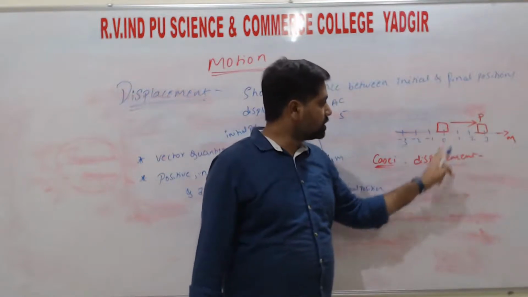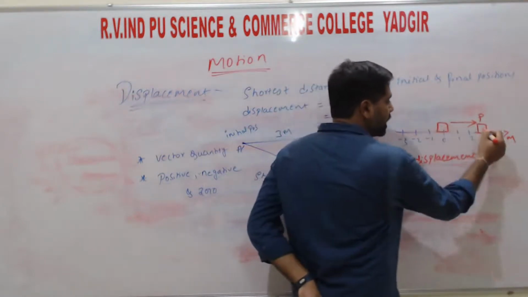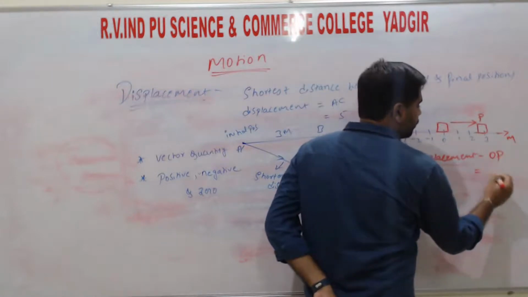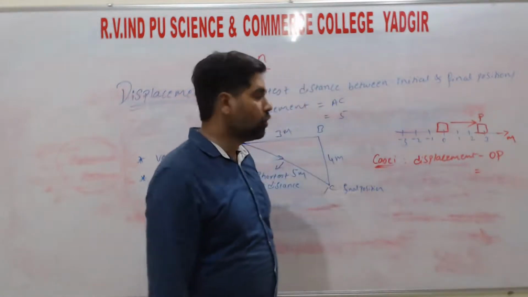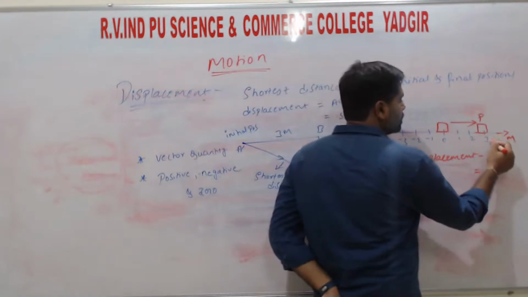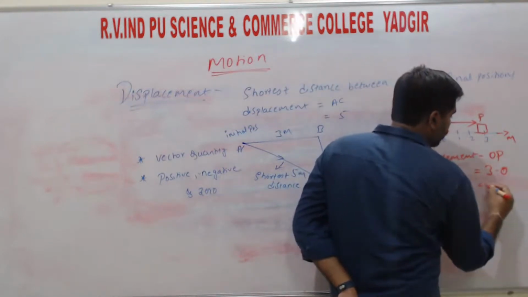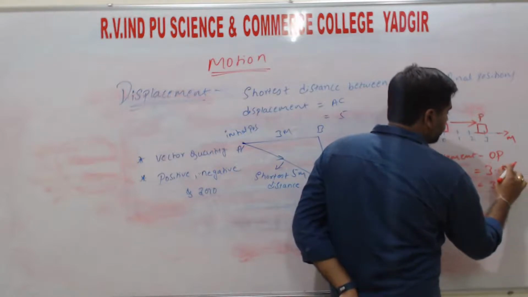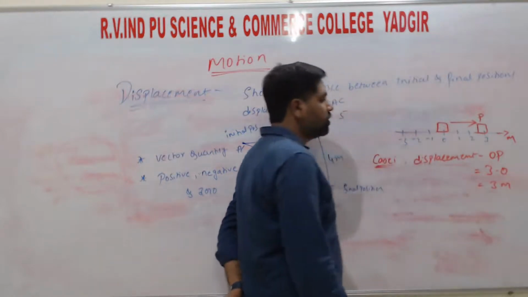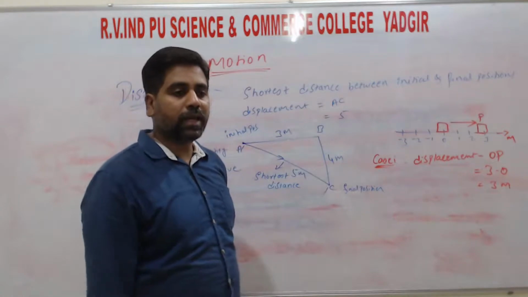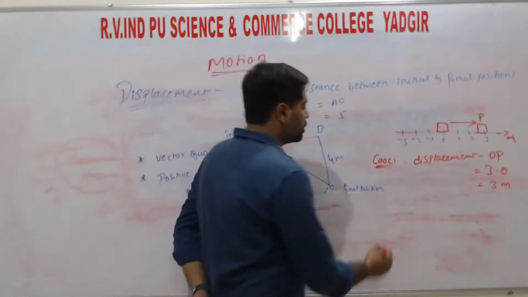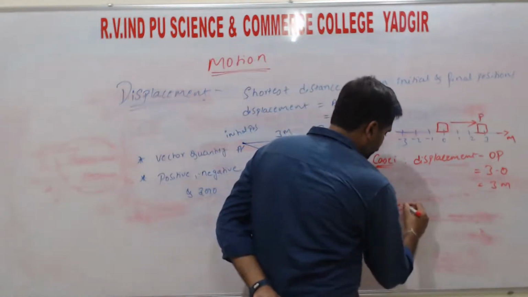So here the shortest distance we can draw is the straight line, that is OP, right? So final is how much? 3. Initial is how much? 0, that is 3 minus 0, we get 3 meter, right? So displacement is how much? 3 meter. Next, case 2.